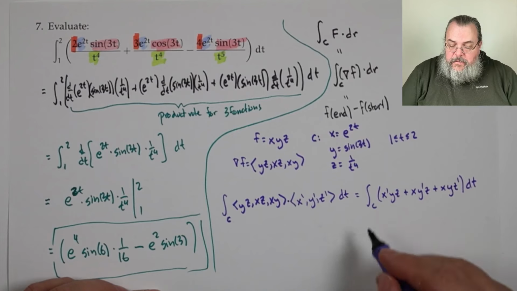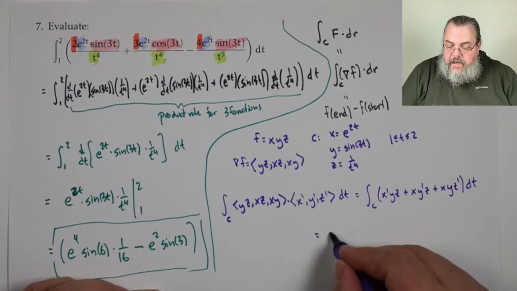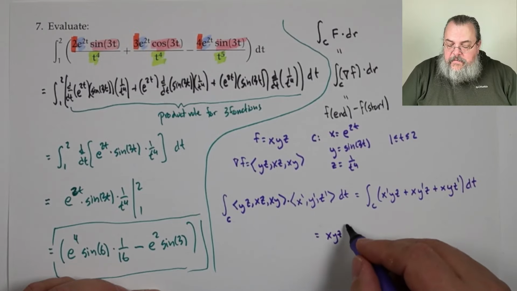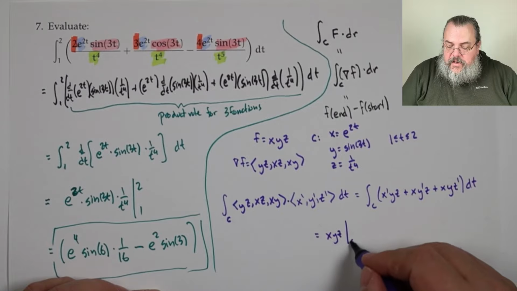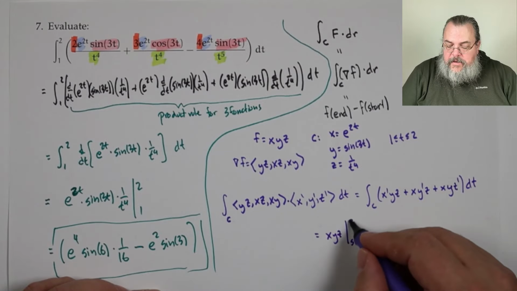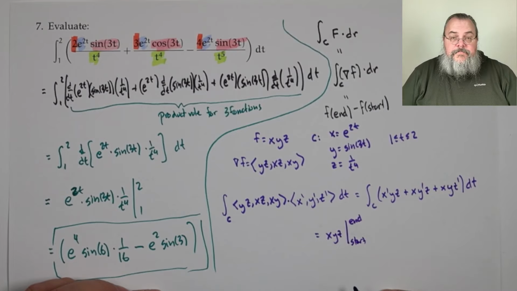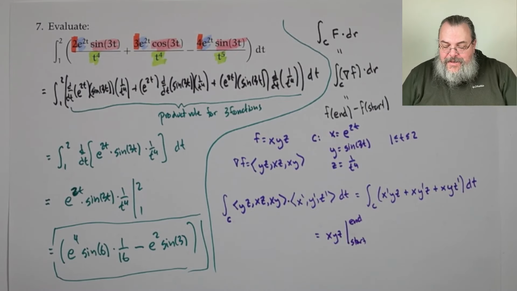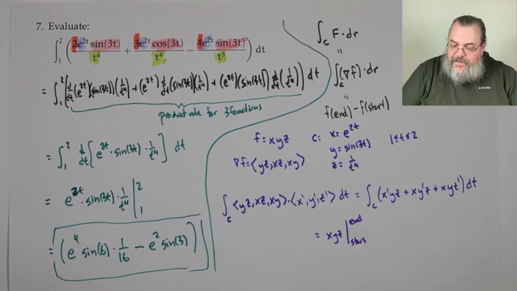what do you get? Well, this is equal to xyz evaluated from the start to the end. And now that's exactly what's going to happen here. So where is our start?